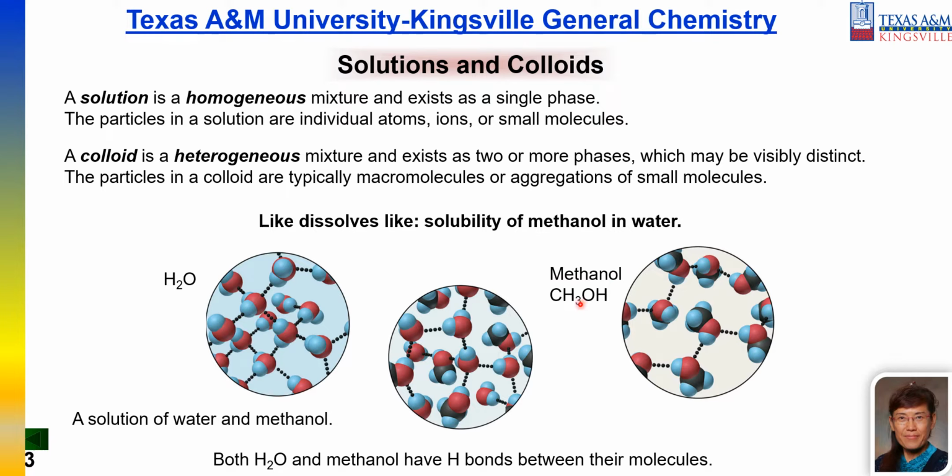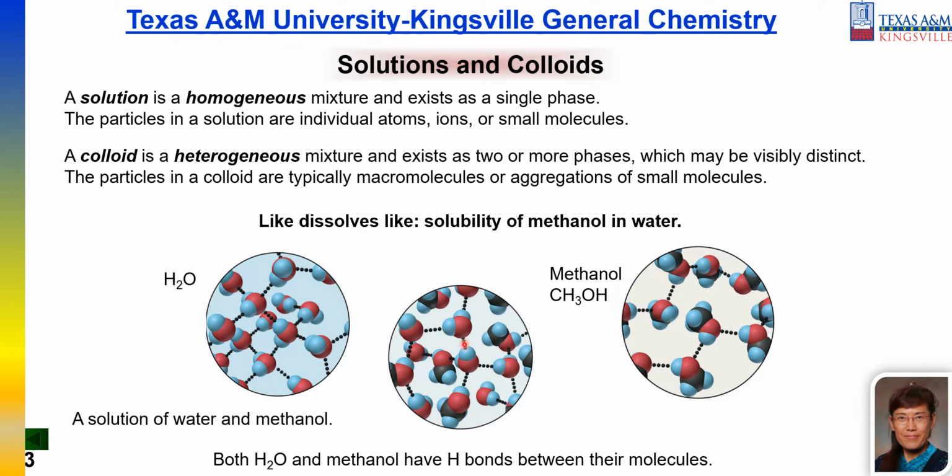Your water is your solvent. Your water molecules are going to form hydrogen bonds. Your methanol molecules also form hydrogen bonds. And the hydrogen from your water and the oxygen from your methanol also form hydrogen bonds.